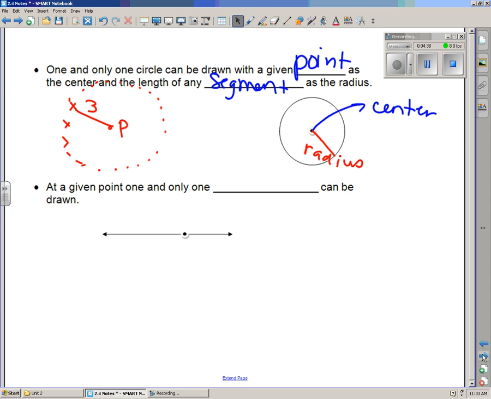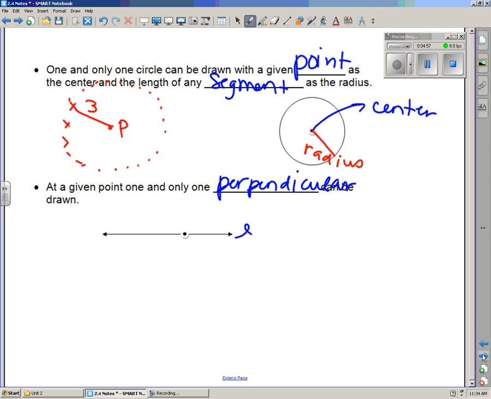At a given point, there's one and only one perpendicular that can be drawn. So what's happening here is I've got this line here, line L, and I've got this point right on this line.